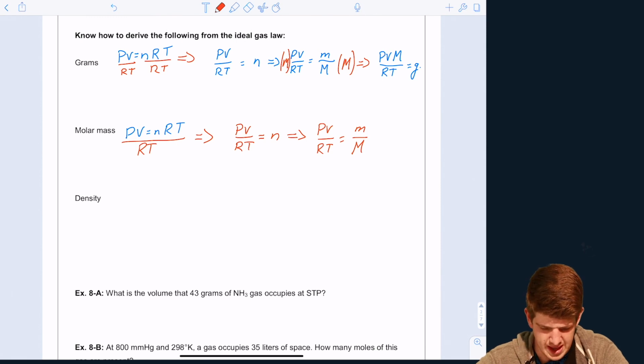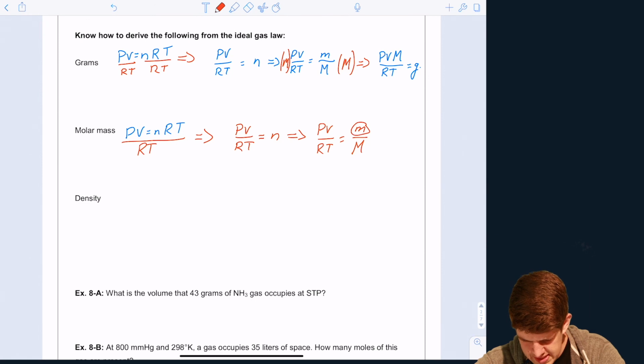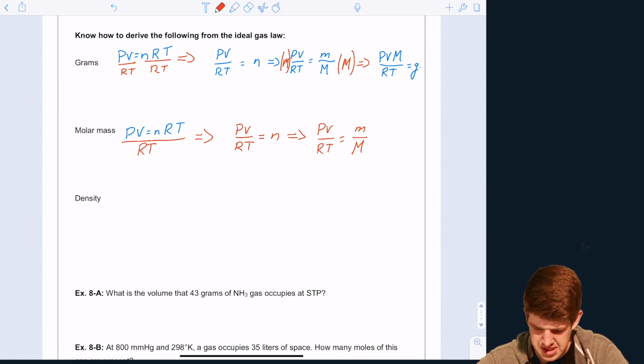And now we have the flipped issue, which is we don't want this variable by itself, we want this variable. So I could just take the inverse of both of these, but I'll do the long way.